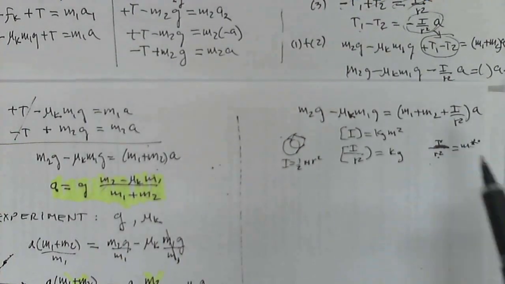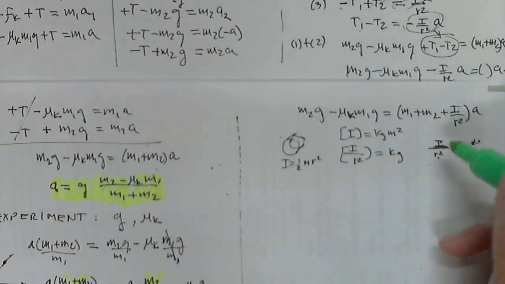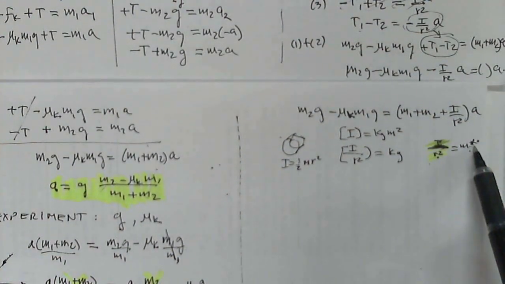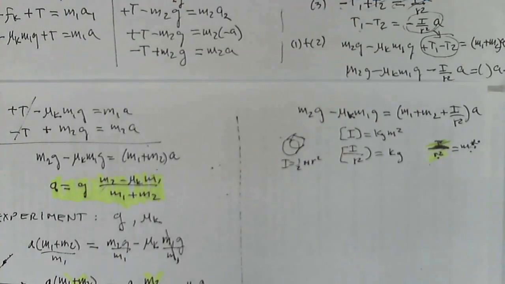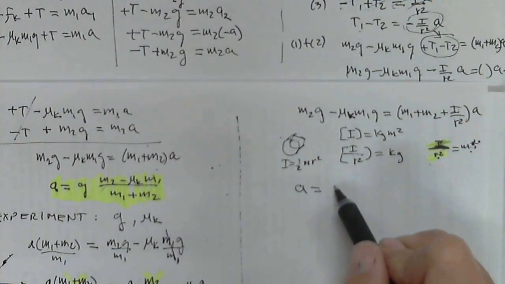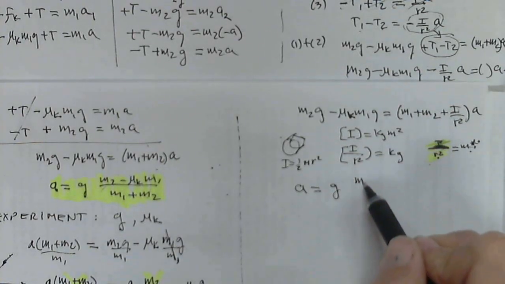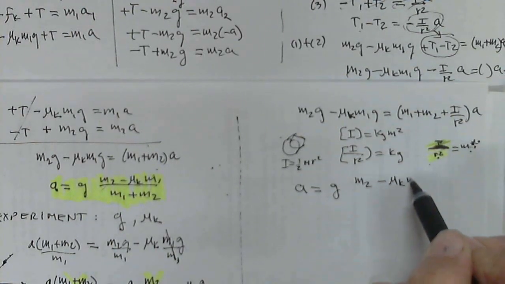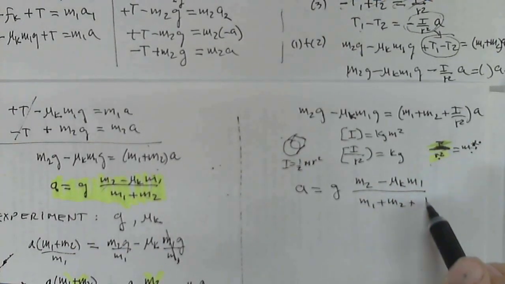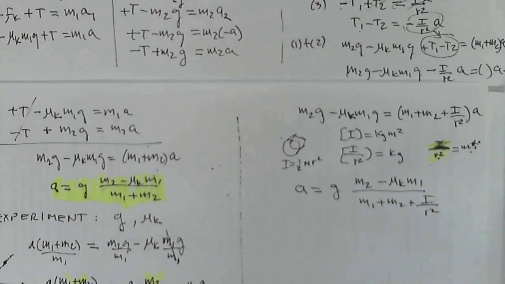I'm going to leave it like that for convenience, but I usually treat it like m star. So my acceleration is now, I take g common factor, m2 minus mu k m1 over m1 plus m2, and now we got these extra terms over here.